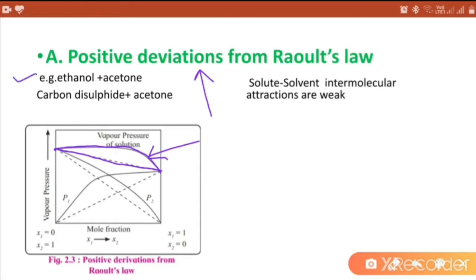Examples: ethyl alcohol plus acetone, carbon disulfide plus acetone. And why do the positive deviations occur from Raoult's law? That is due to the intermolecular attractions, which are weak between solute and solvent.